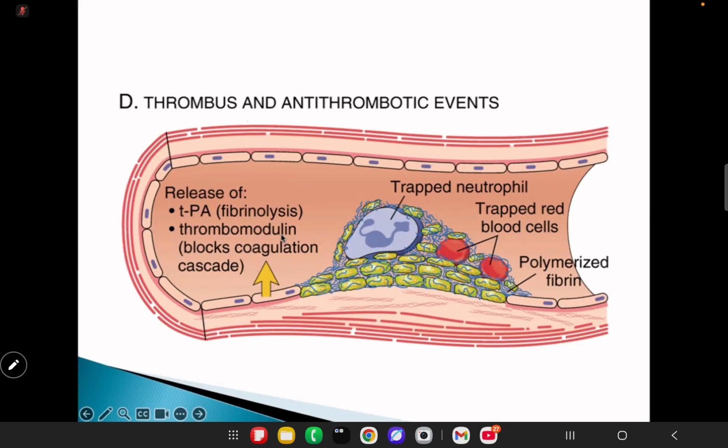How does it happen? Normally endothelial cells release TPA, fibrinolysis, and thrombomodulin, and block the coagulation cascade further, so further clotting will not occur.